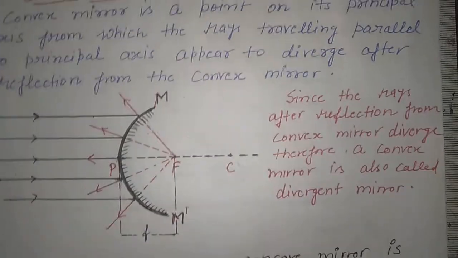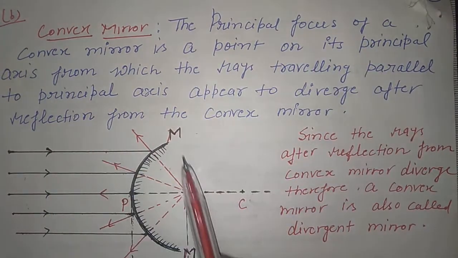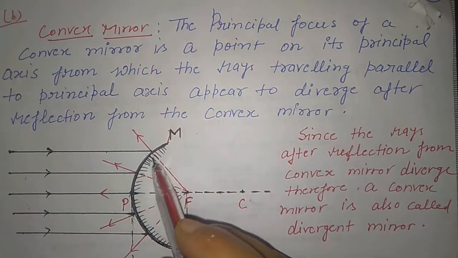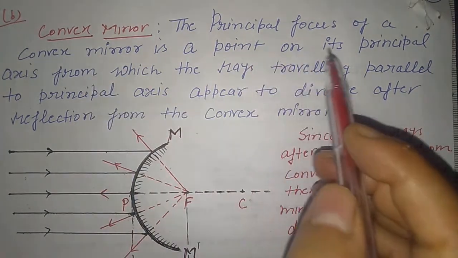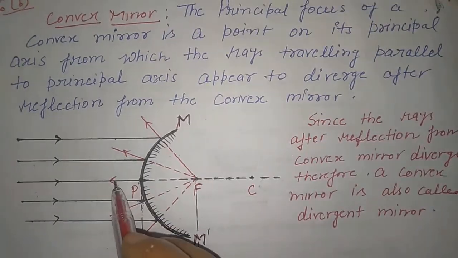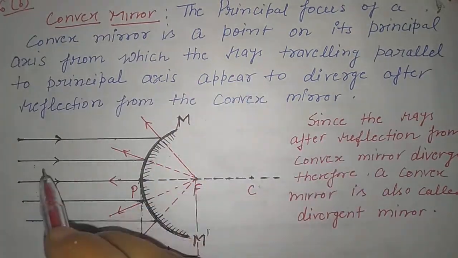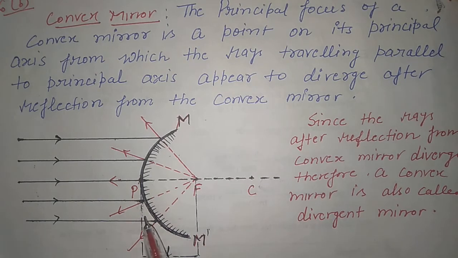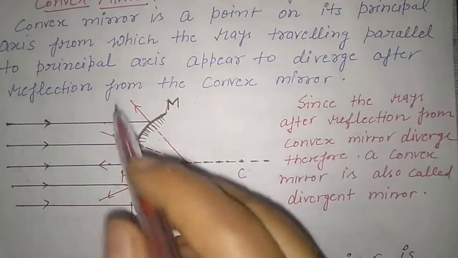Then we have the convex mirror. The principal focus of a convex mirror, this is the polished surface and this is the reflecting surface of the mirror, is a point on its principal axis, the center one, from which the rays traveling parallel to the principal axis appear to diverge at a point after reflection.